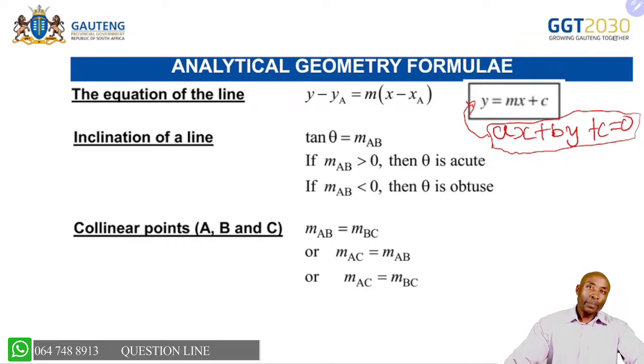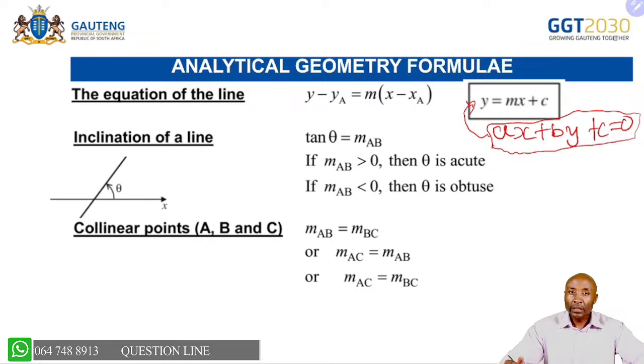Now, we will talk about the angle of inclination. Our angle of inclination, like I said, incline, slope, all this refers to gradient. And our angle of inclination, we use the gradient to find the angle of inclination.